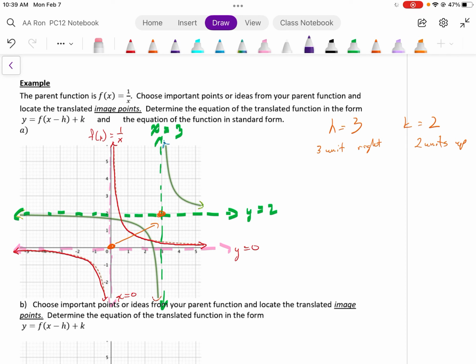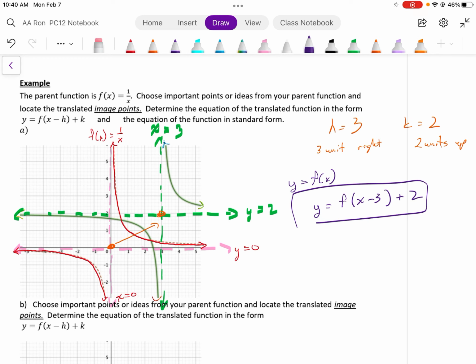Well, I start off with y is equal to f of x, and if I'm going to write that with h and k, it would be y is equal to f. Now I'm going to put that h in there, x minus 3, so that would symbolize a shift 3 units to the right, and then I add 2. So that is the transformed function in the form y is equal to f of the bracket x minus h plus k form.